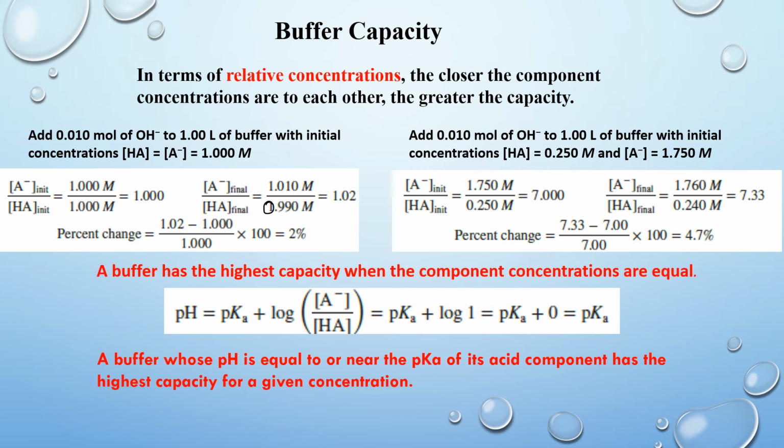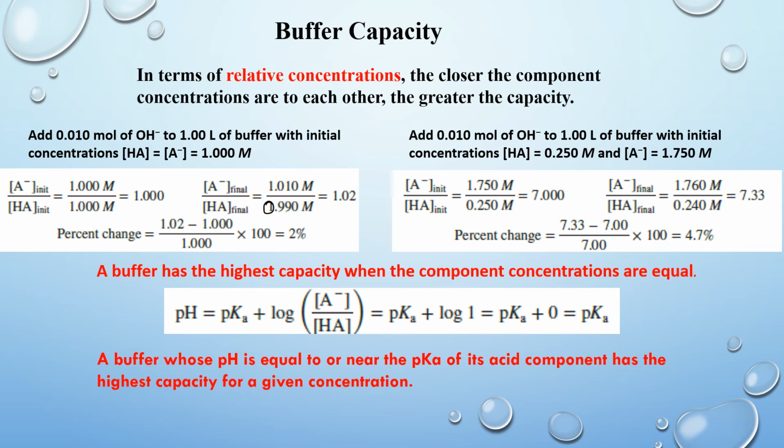Right, so the general conclusion is that in terms of the relative concentrations, the closer the component concentrations are to each other, the greater the capacity. Meaning that if the acid and base have an equal concentration, the capacity is going to be the highest. Right? So the more different or more far away the concentrations are, the weaker the capacity of the buffer.